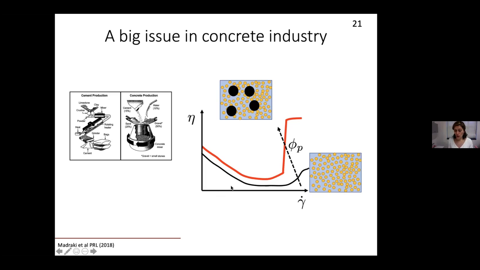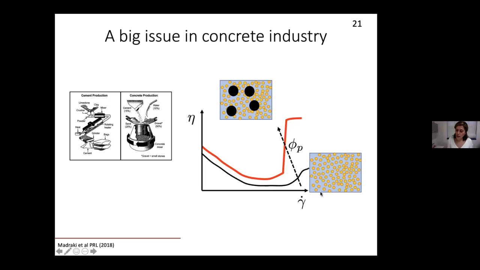So if I have a material that behaves like this black line, if I keep adding particles, all that should happen is that this black line shifts upward, and the rise should occur at a different shear rate because my local shear rate is different. But the whole shape should remain invariant and should not show such a different behavior.